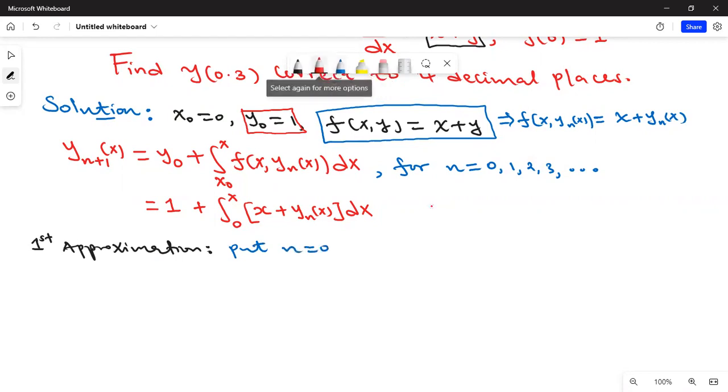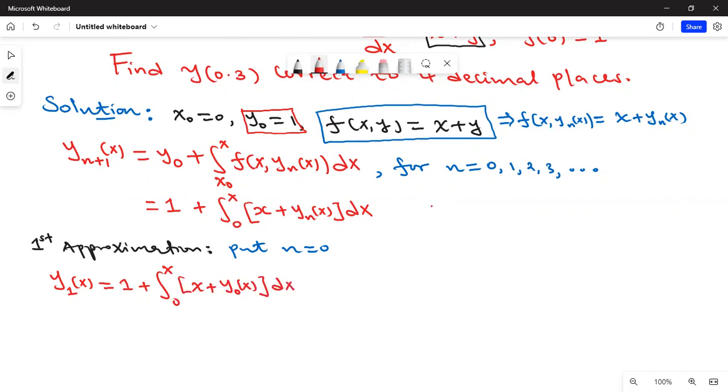So what we are going to get is that y1, a function of x, is equals to 1 plus the integral from 0 to x of x plus y naught of x dx.